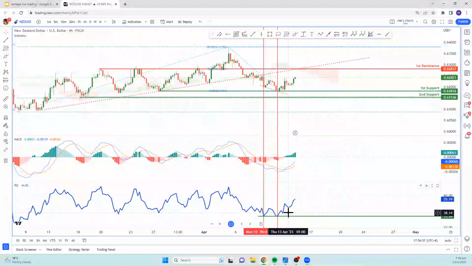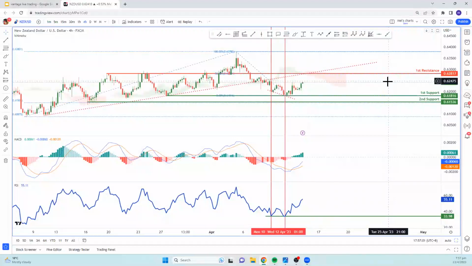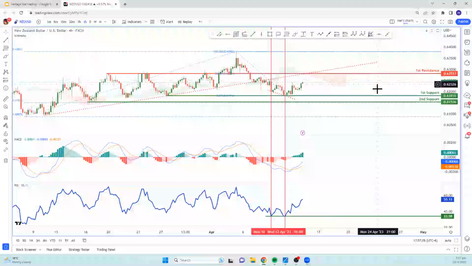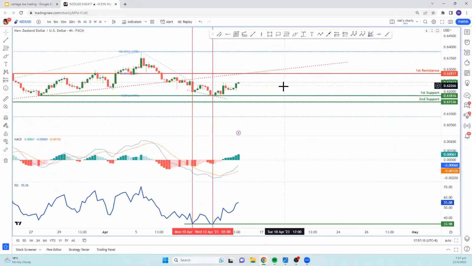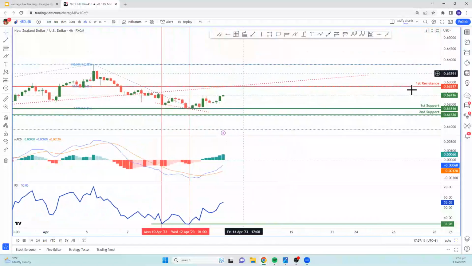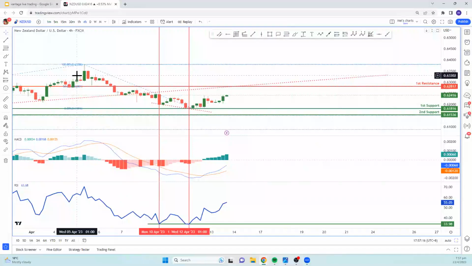This could mean that price is going to continue to go up towards our first resistance. I'm going to remove our Ichimoku. So price is likely to hit towards our first resistance, which is in line with the 50% Fibonacci retracement.